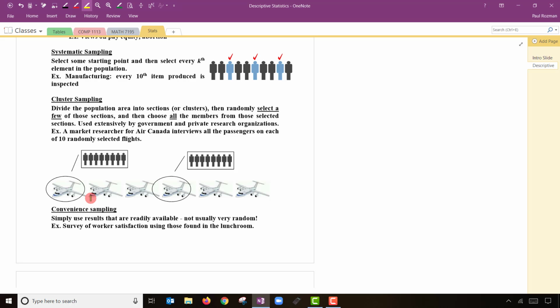That might be costly and difficult, where it might be easier to just randomly pick a plane and test everyone on that plane, and then randomly pick a different one and check everyone on that plane. And that way, you still get a general overall feel of how people feel about your service, without necessarily having to get one person or a couple people on each flight.